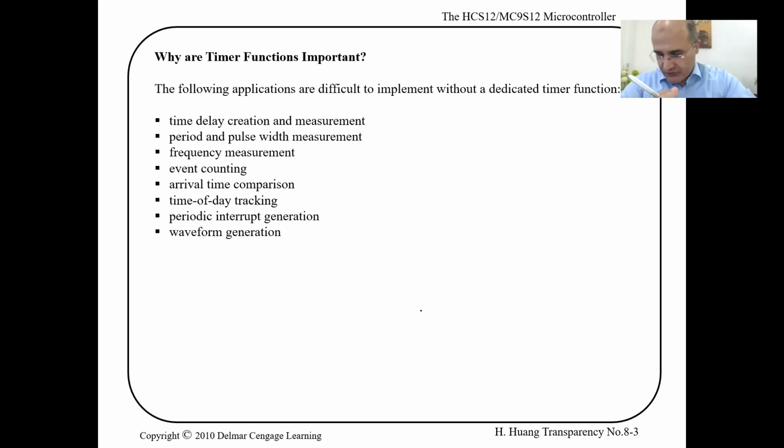Why are timer functions important? I'm talking about timer functions that are supported by hardware.